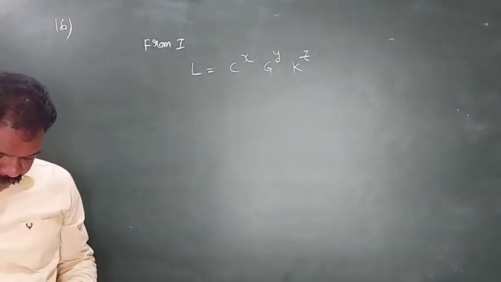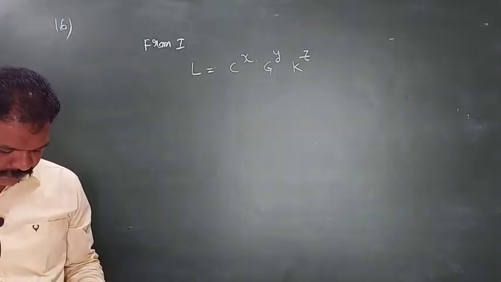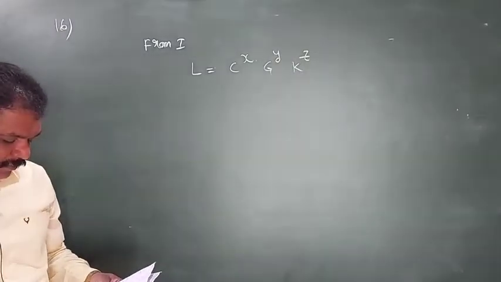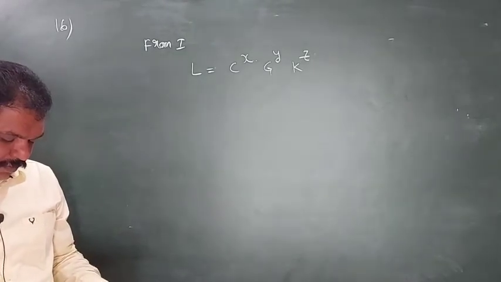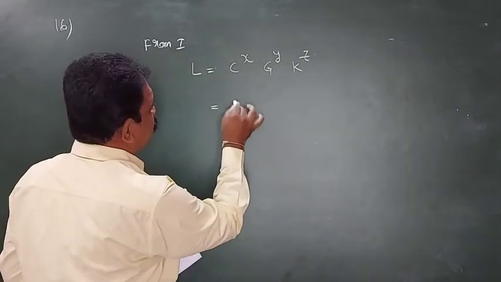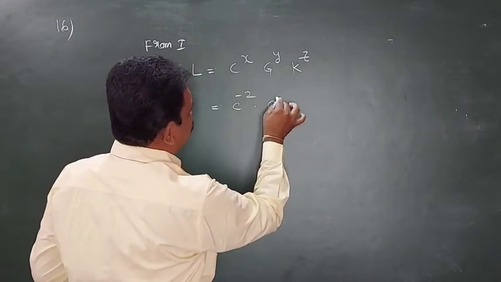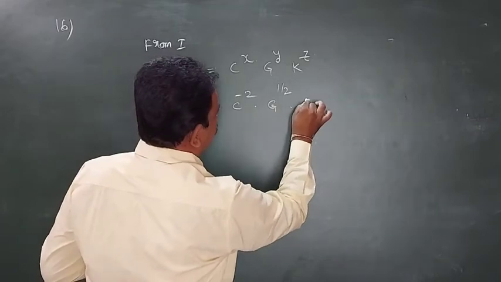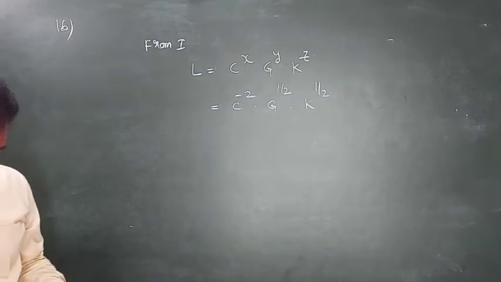Okay, and the values we got are: x is equal to minus 2, g value is 1 by 2, z value is 1 by 2.